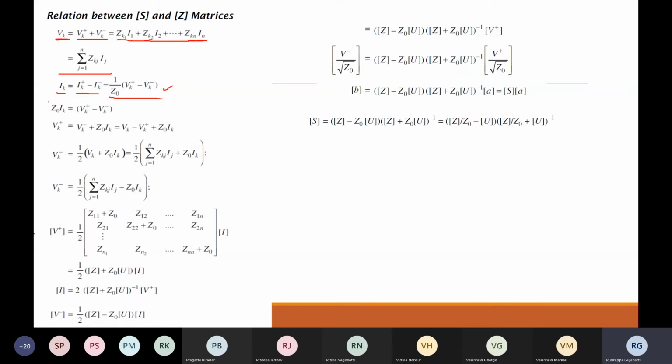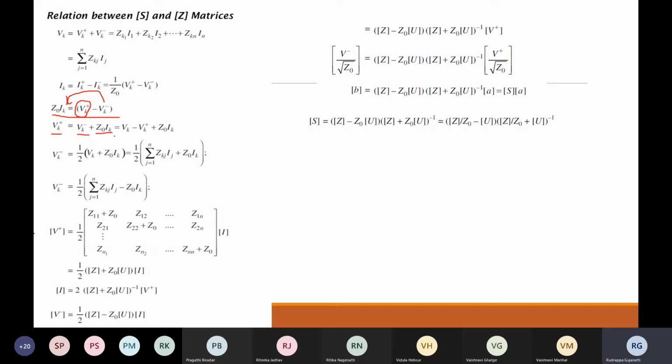When you simplify this, this is the result you get for the current representation in terms of the voltages. Based on this equation, I can write Vk plus, the incident voltage parameter, as Z0 Ik plus the reflected voltage Vk minus, taking the reflected component to the other side.